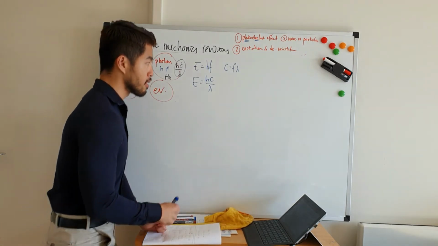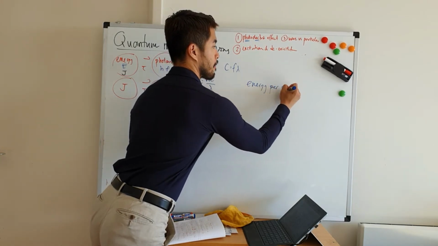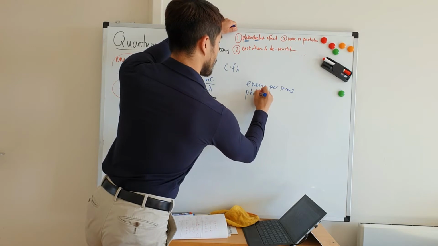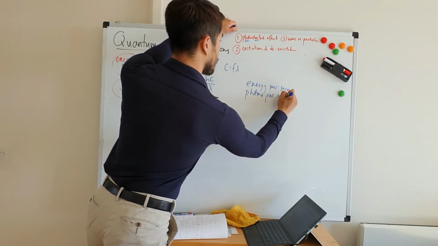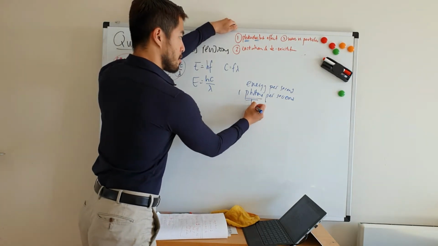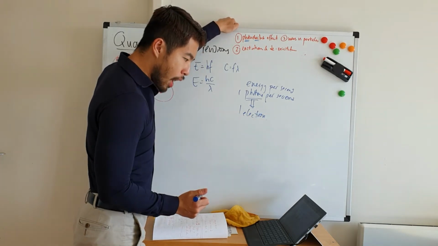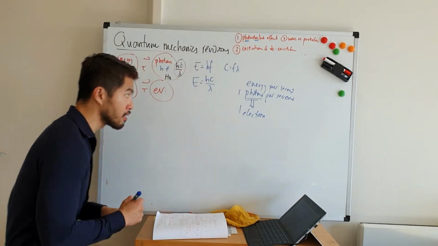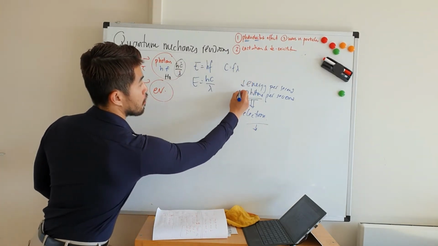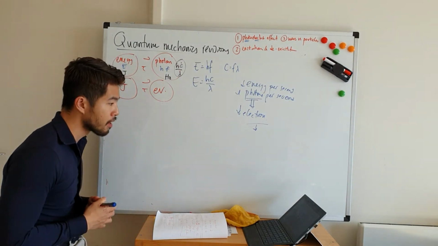When you say energy incident per second, that means it is photons per second. One photon releases one electron. That's why the number of photoelectrons emitted per second will decrease. If you decrease energy per second, you decrease photons per second, and you decrease the number of electrons available.